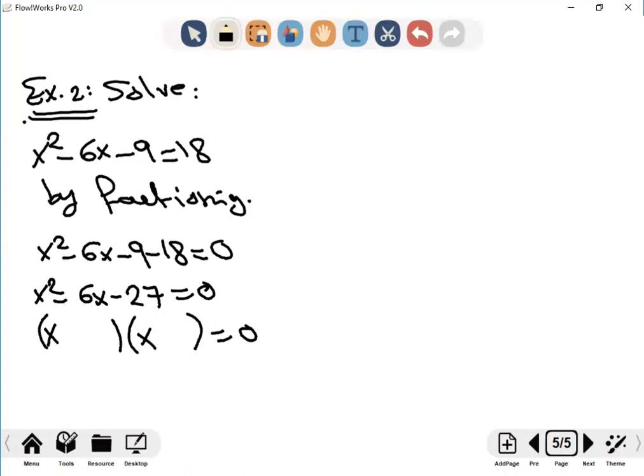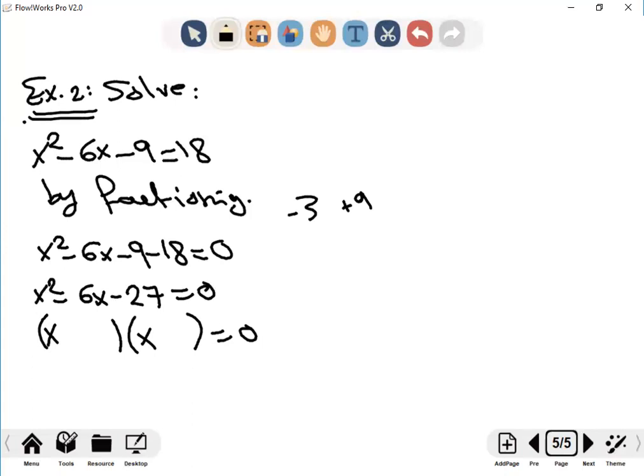Negative 9 and 3, why? We agree on 3 and 9 for the 27, right? Negative 3 or positive 9. I'm trying, okay? Multiply negative 3 by 9, negative 27, correct. But negative 3 plus 9 is positive 6.